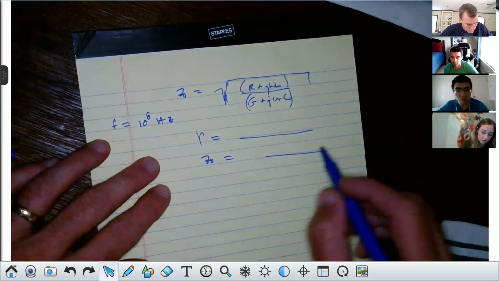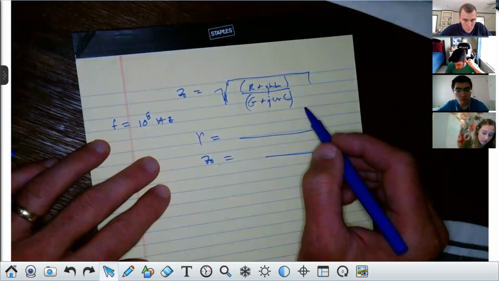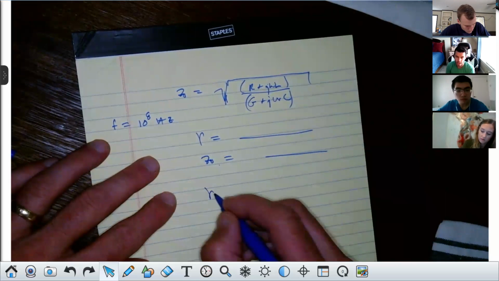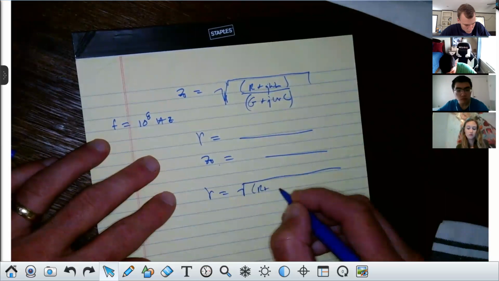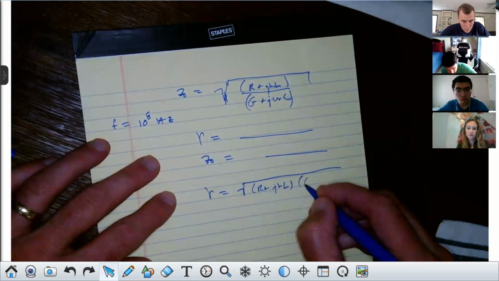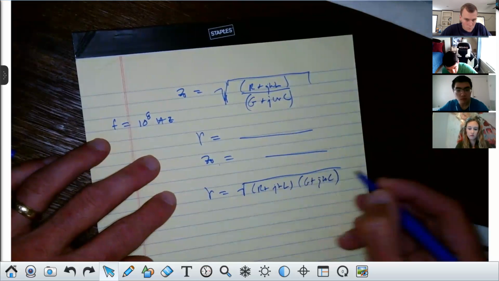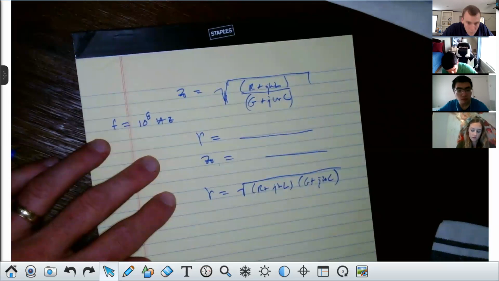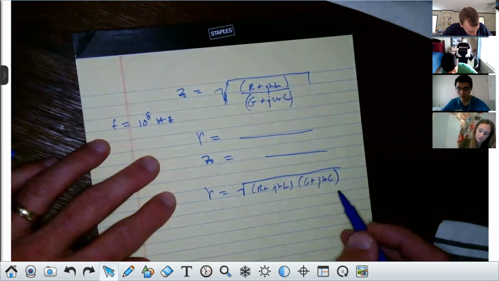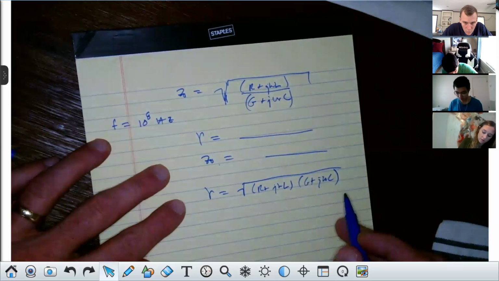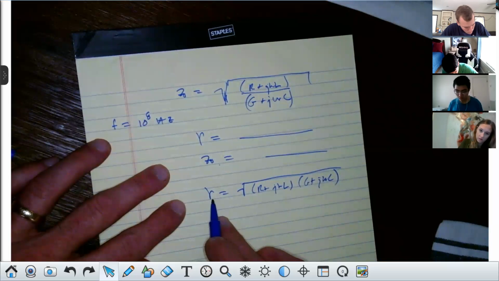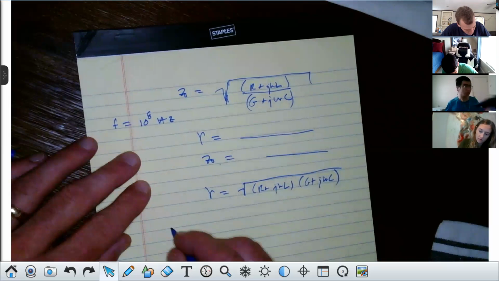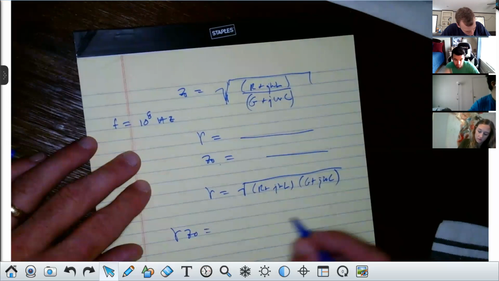So if you take a look at this, what is gamma? Gamma is equal to the square root of R plus J omega L times G plus J omega C, right? Now, if I take gamma times Z naught, what I really have is what?